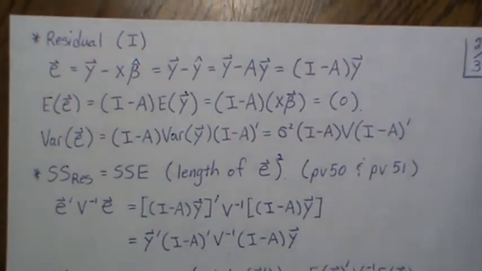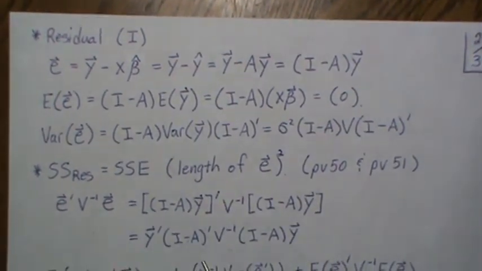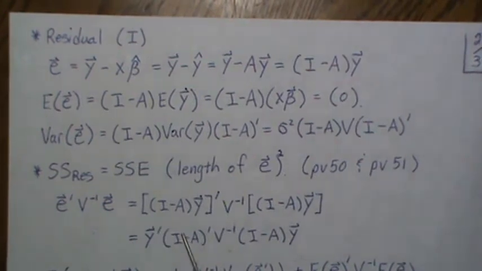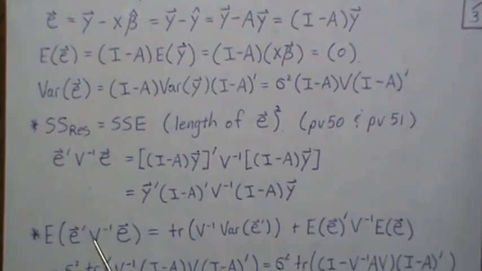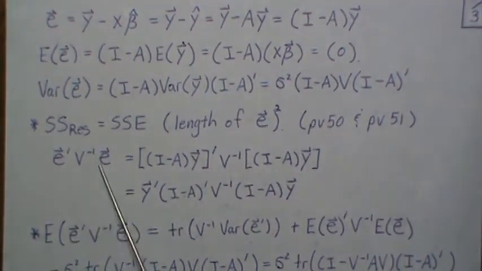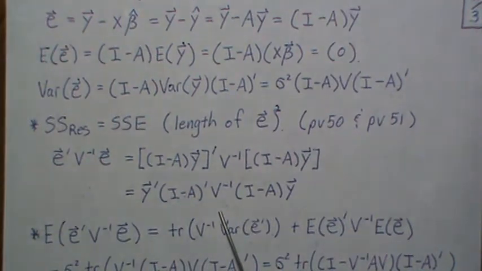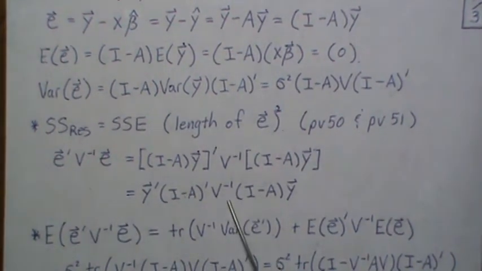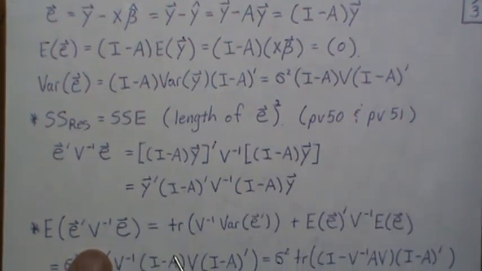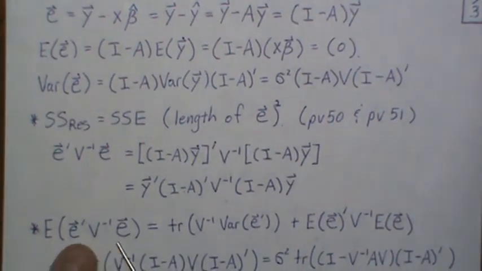So now let's derive an unbiased estimate for sigma squared. So we need to take the expected value of this sum of squares residual. Now remember, it doesn't matter if we're in model 1 or model 2, the sum of squares residual is the same. So let's look at it in this model since we're already here. Now the expected value of this quadratic form.